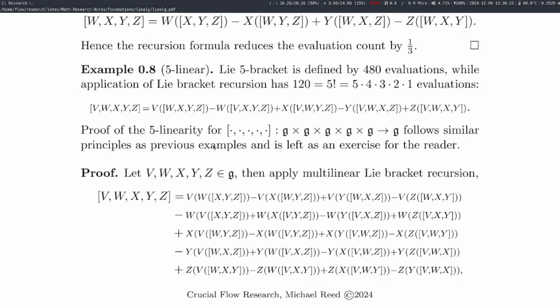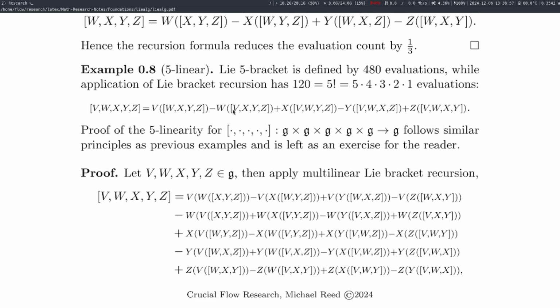So the proof of the 5 linearity follows similar principles as the previous examples and is left as an exercise for the reader. If you were to carry out this exercise of proving the 5 linearity by going through all the cases, you could make the proof 4 times shorter, because you only need 120 evaluations instead of 480 because of the multilinear Lie bracket recursion formula, which I proved.